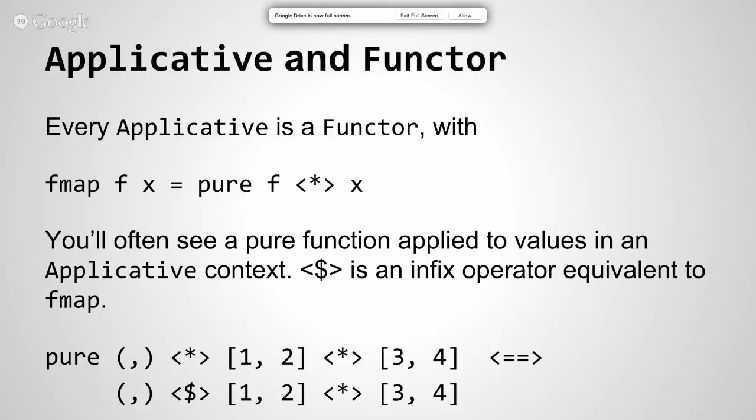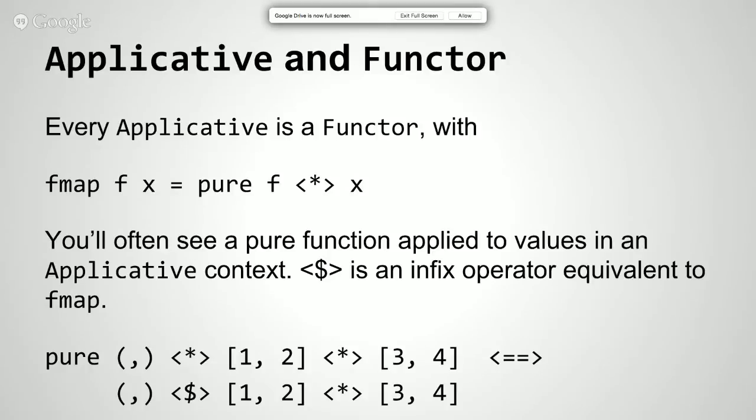And you'll often see the infix operator, a $ in angle brackets. We'll call that dollar flake or something. But it's an infix operator that's the same thing as fmap. It's just that it's used when you're working applicatively.